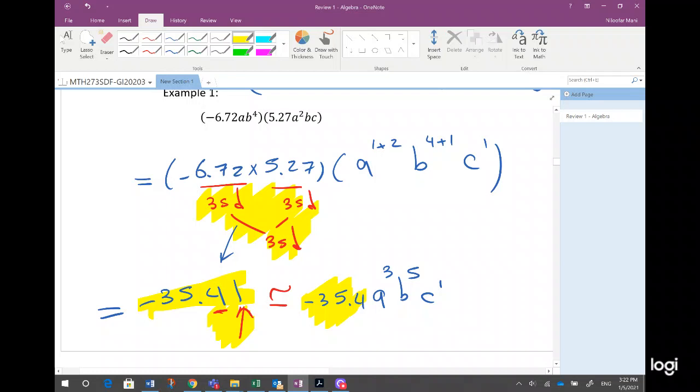Remember, you have to show all of them. Maybe in future you are working for someone in a company, or your future teacher for another course tells you, okay, I know you rounded to minus 35.4, but what was the number before rounding? And you cannot say, I don't know. So you have to know the answer before rounding, the answer after rounding, and how you rounded it.